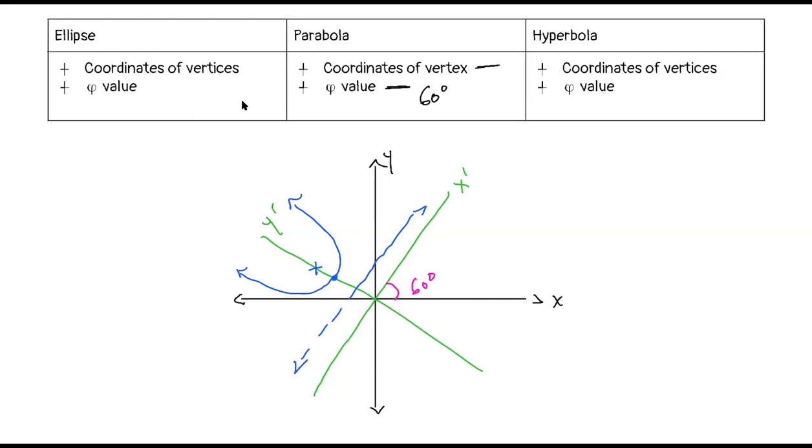Exactly. Yeah, if we were live in the classroom, I would tell everyone to turn their head 60 degrees to the left, and you'd be able to see that parabola facing up and down. And for the exam, we just need to label the coordinates of the vertex and the phi value, not any of the other stuff, right? Right.